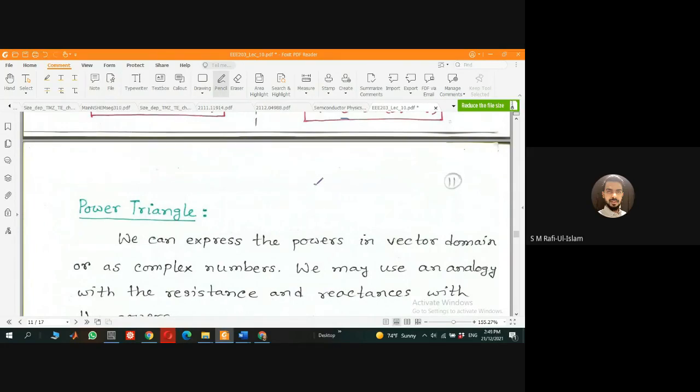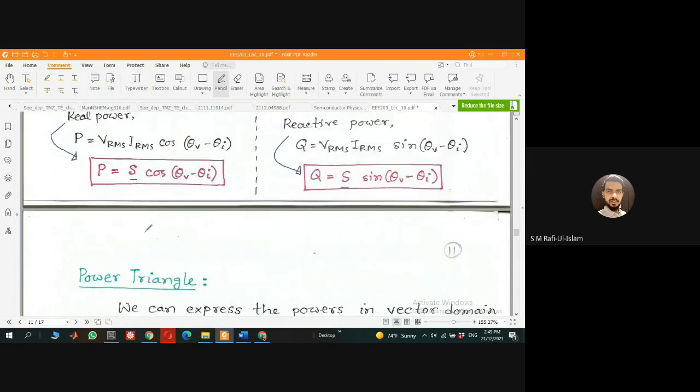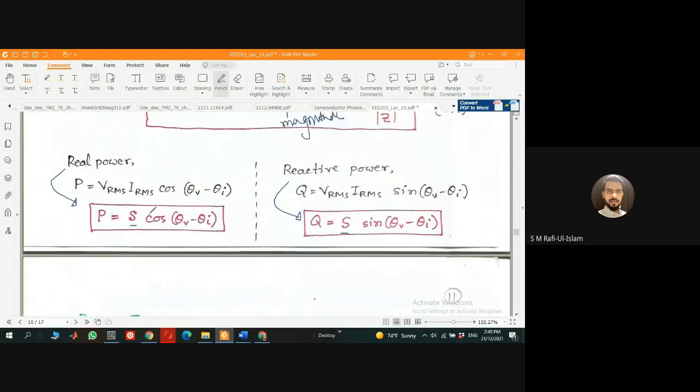Real power always lies on the real axis, meaning it's always real. But the reactive power could be positive or negative. If you look at the expression cos theta, it doesn't matter what the expression for theta v minus theta i is, cos of positive theta and cos of negative theta both give a positive value, so real power will never have other terms.